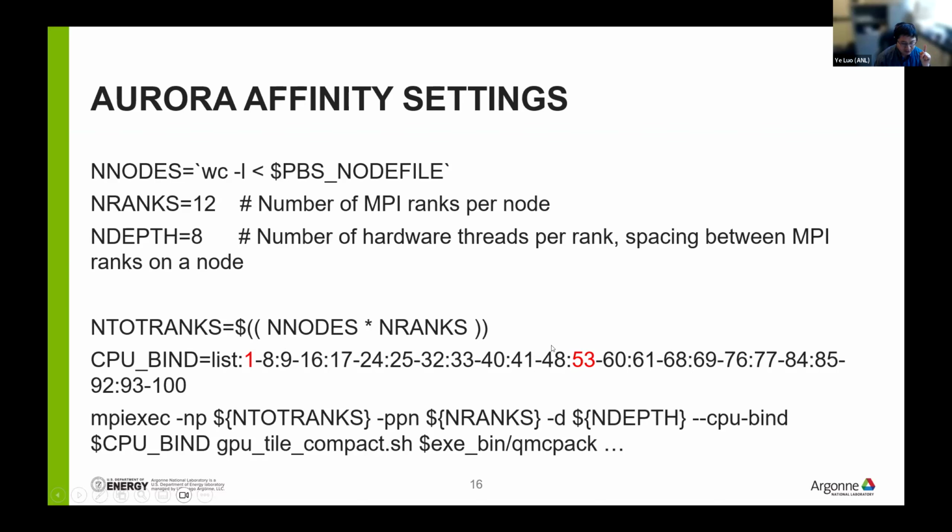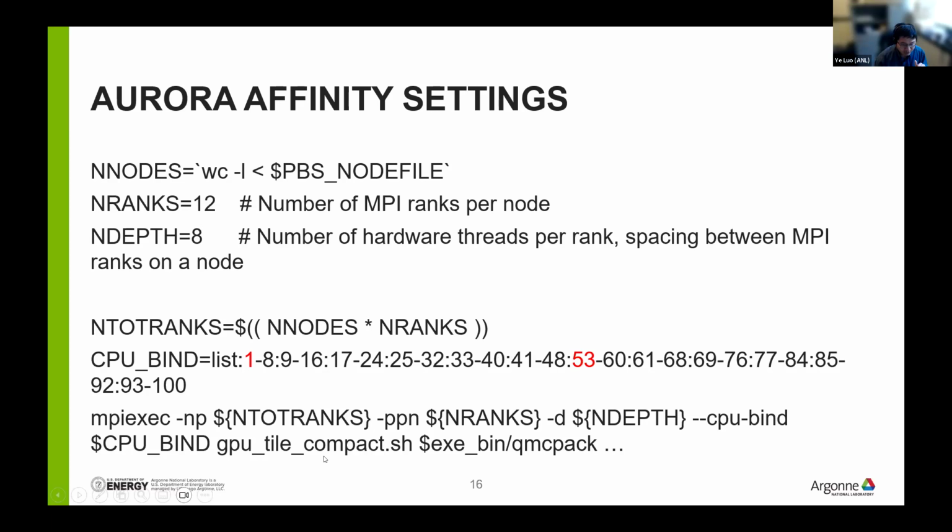That's on the first socket. And I skip a few cores and start from the second socket. In total, there are 12 groups, corresponding to the 12 MPI ranks I use. That's the way you divide the resources on an Aurora node and map them to QMCPACK runs.